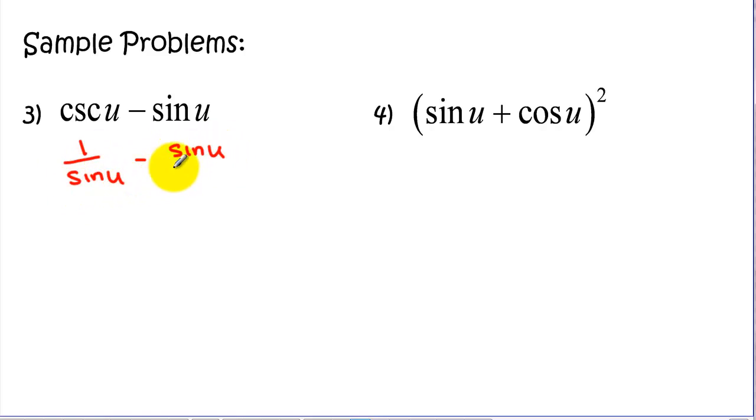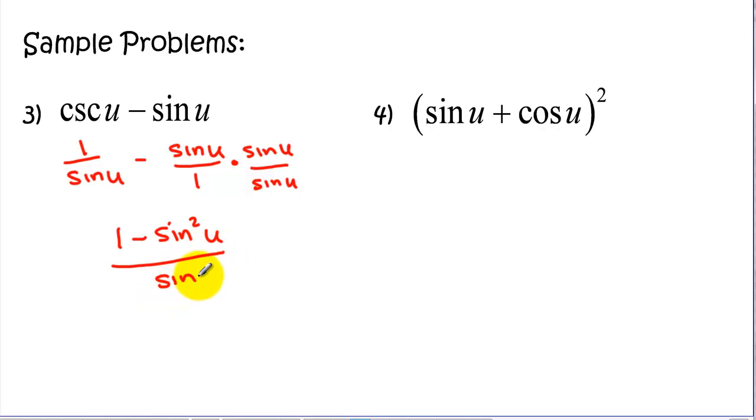Now we've got a fraction here, so I'm going to put this over 1, and we want to get a common fraction, so we need a common denominator. So now on the top I've got 1 minus sine squared of u over the sine of u.